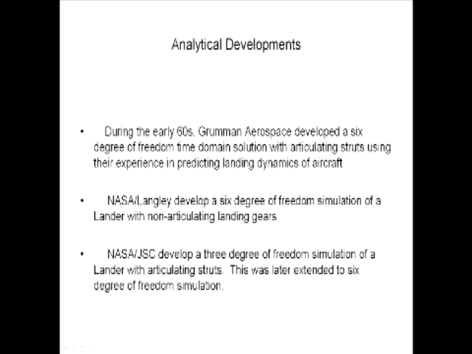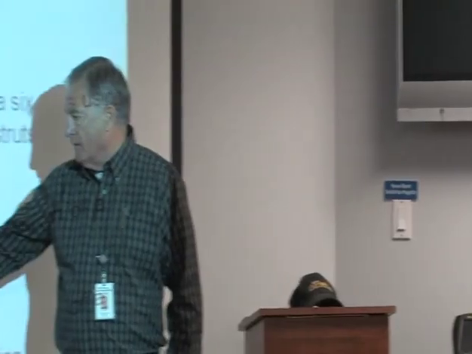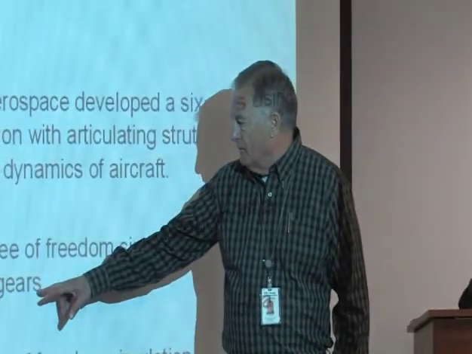Then later on, here at JSC and at Langley, we developed our own 6 degree of freedom simulation. This was the early work. This was before Grumman, or it might have been in parallel.